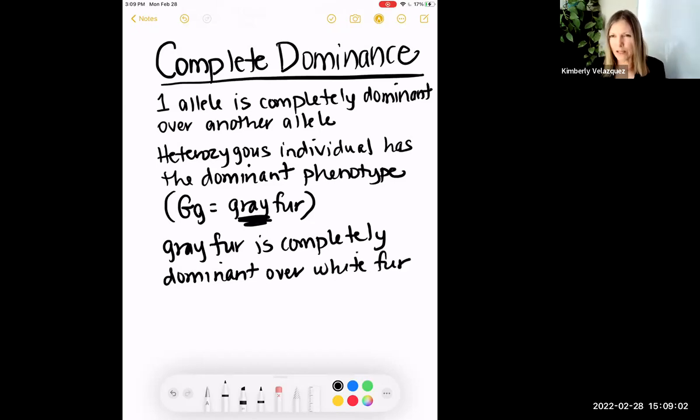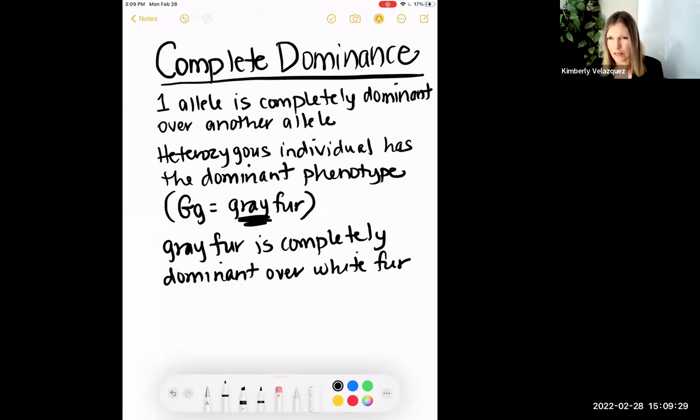This is the way that many, many traits in humans are inherited, is through this first pattern of inheritance called complete dominance. And this is especially significant when we're talking about something more serious than fur color, when we're actually talking about disease traits, genetic disorders. A lot of genetic disorders follow this pattern of complete dominance.